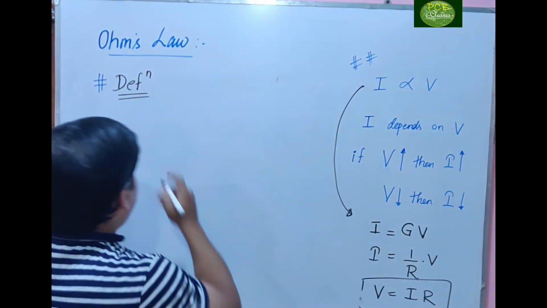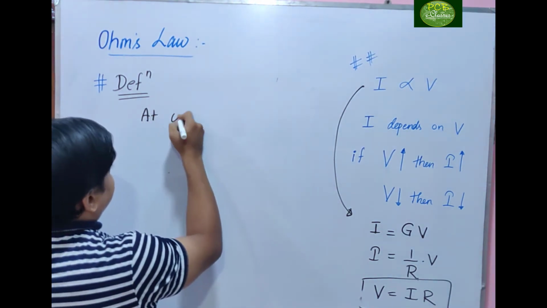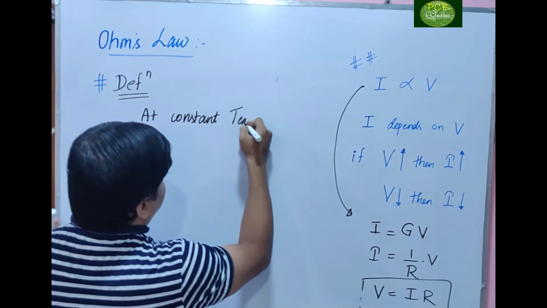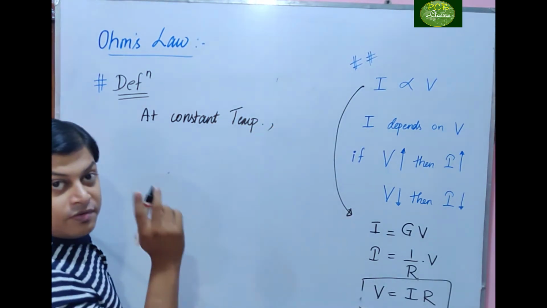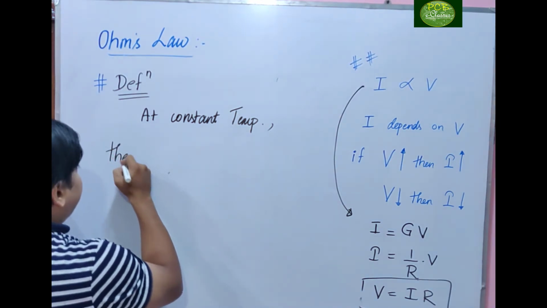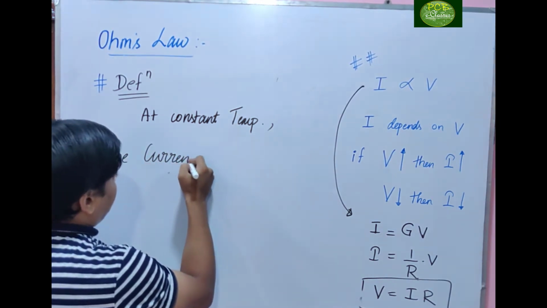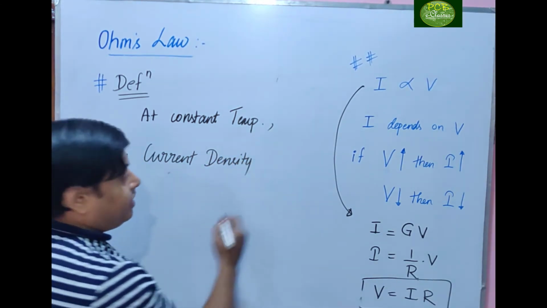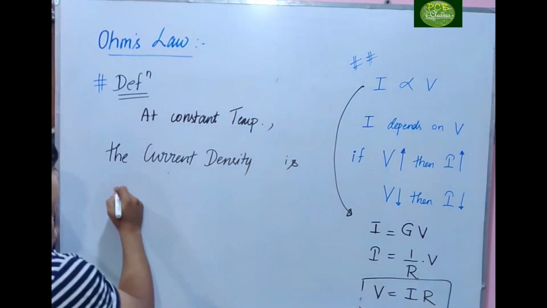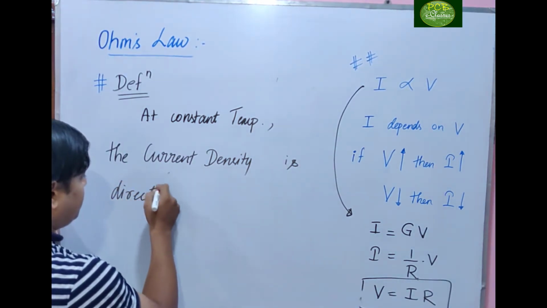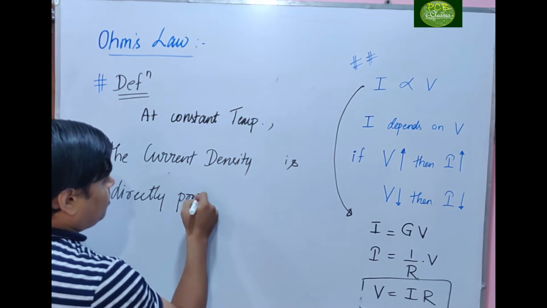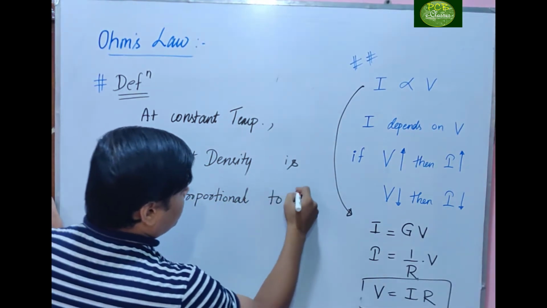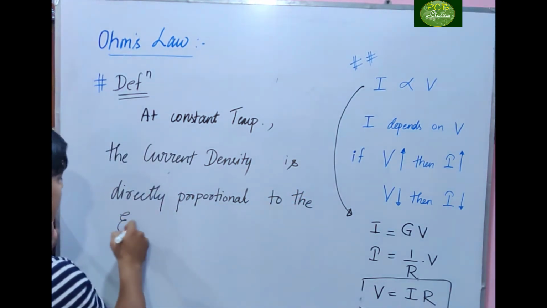It says that at constant temperature, the current density is directly proportional to the electric field.